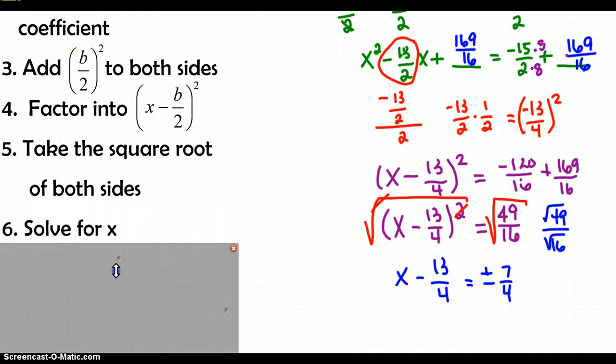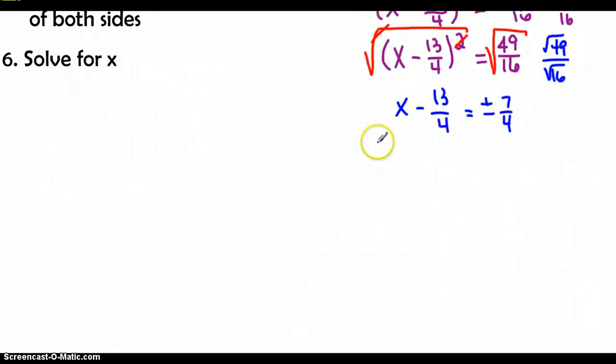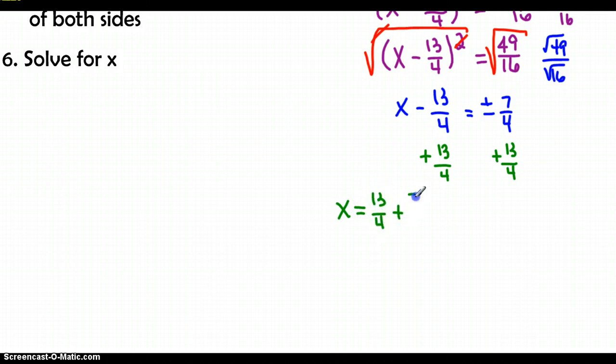Our sixth and final step is to solve for x. So we want to get x by itself. So I'm going to add 13/4 to both sides. So we have two different avenues for x. x can equal 13/4 plus 7/4, or x can equal 13/4 minus 7/4.